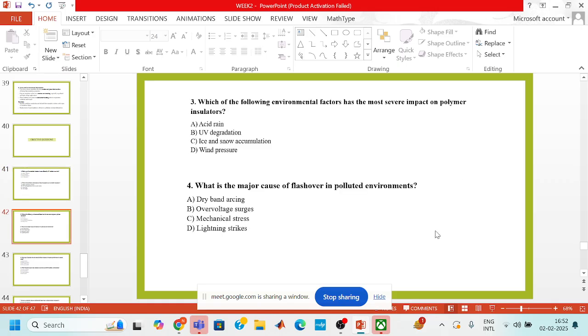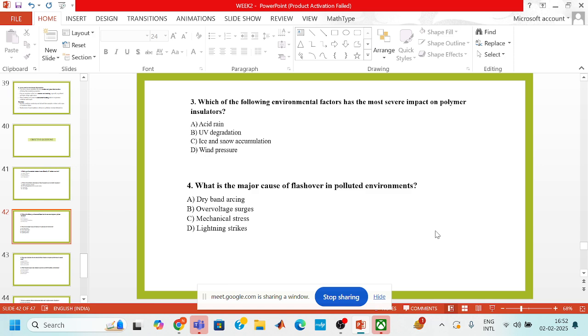So the third question is, which of the following environmental factors has the most severe impact on polymer insulators? Acid rain, UV degradation, ice and snow accumulation, wind pressure. Acid rain. Anyone else? Most severe impact on polymer insulators.